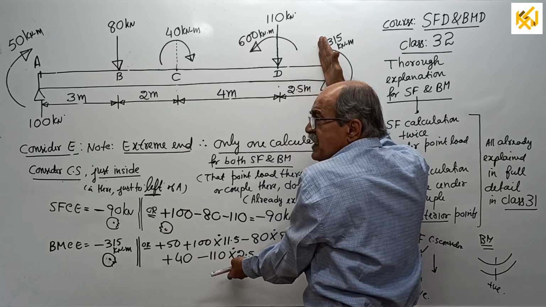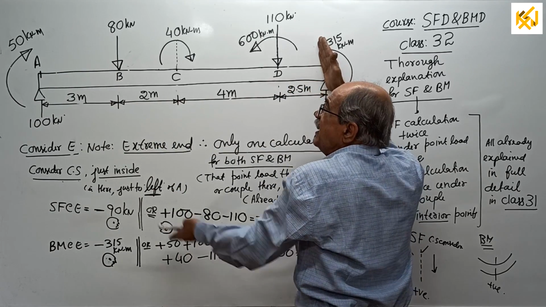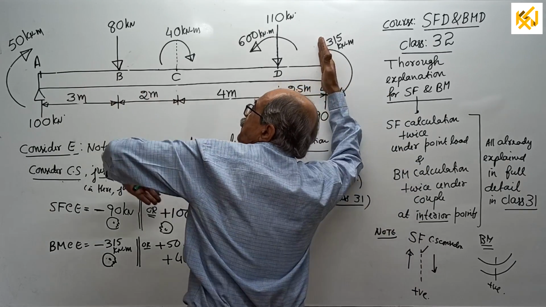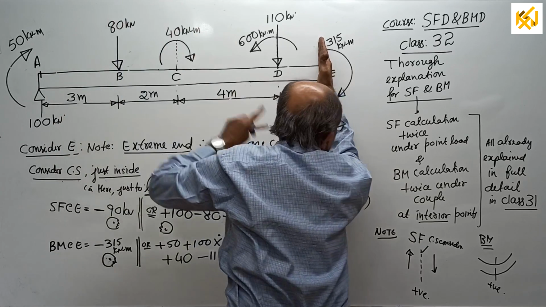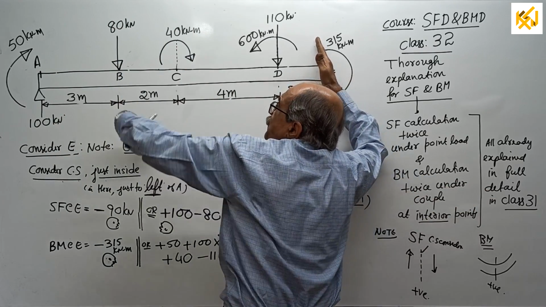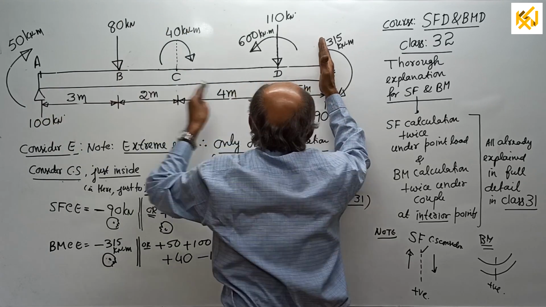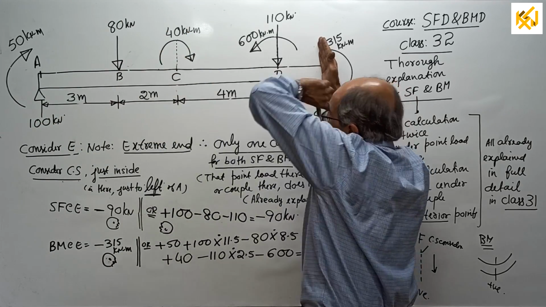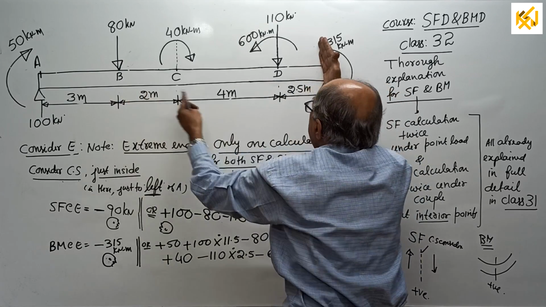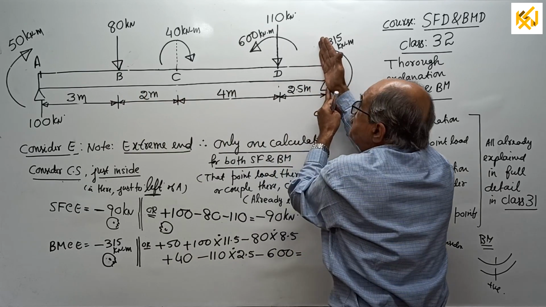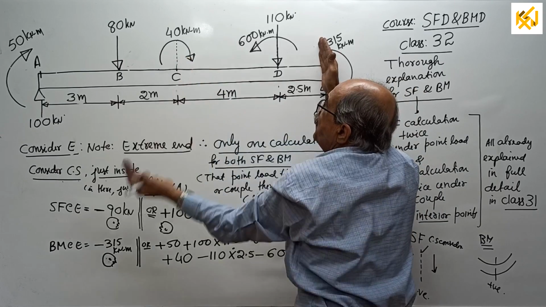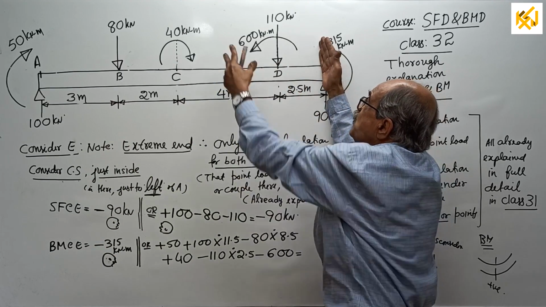But see, I am not seeing here first of all. Bending moment, look this side. Plus 50. Why plus? Class 31. Plus 50, no into. Plus 100 into 11.5, minus 80 into 8.5. Then plus 40. See, I told you.